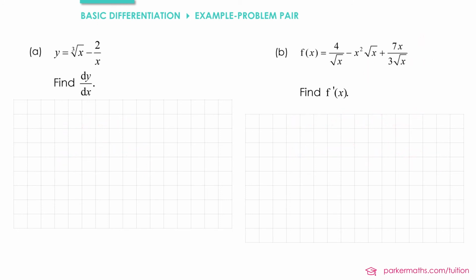In part A, we first need to rewrite the terms as x to the power of something. So we have y equals, and then the cube root of x can be written as x to the power of 1/3. And negative 2 over x can be written as negative 2x to the negative 1. Then we differentiate.